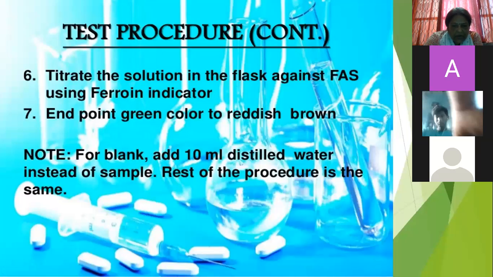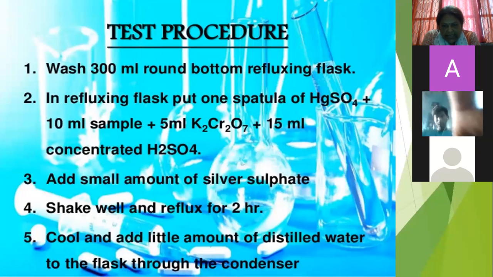Now this you have seen. This is the process. First we have taken wastewater and added all the reagents, and then the solution is refluxed for 2 hours, and then it is titrated against FAS.